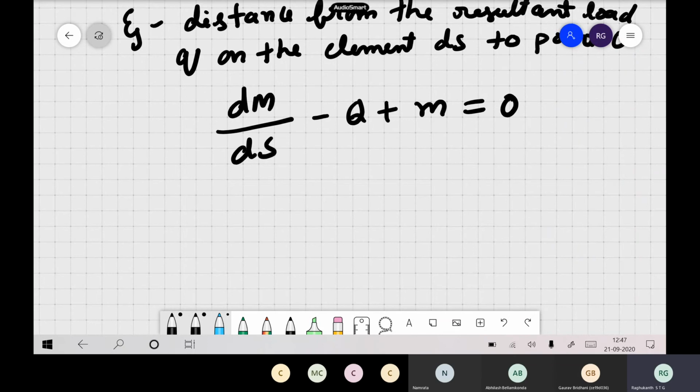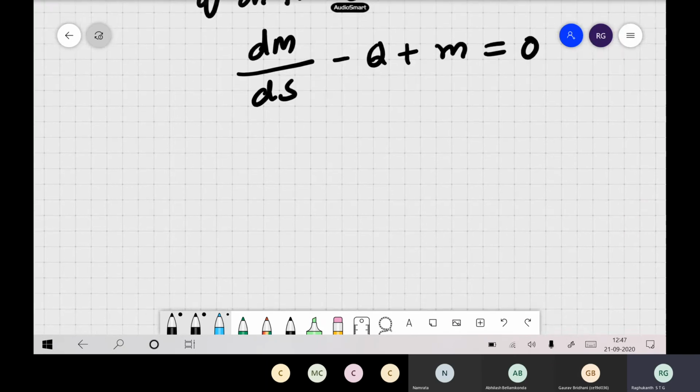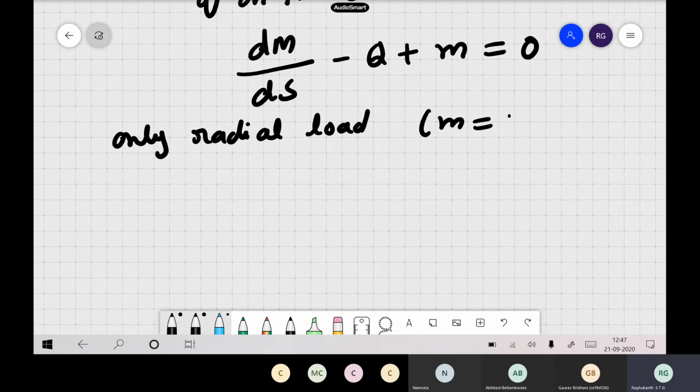Now suppose you assume only radial load is there, all other loads are 0. That means your small m and the tangential load p, all of them are 0.